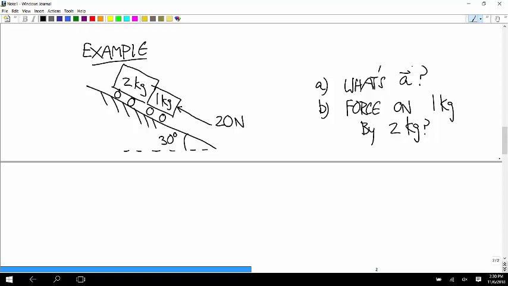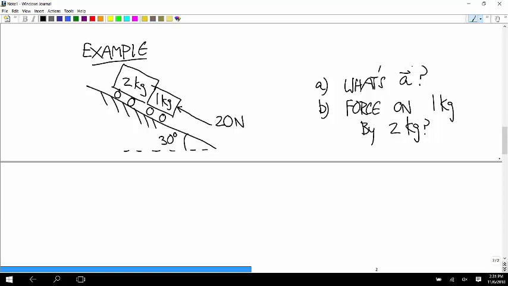So we're going to have a bunch of stuff going on, but the unknowns that we're going to have in the x direction along the surface are going to be an acceleration, a variable a. There's also going to be a pushing contact from the 2 kilogram, and we don't know what the magnitude of that is. Okay. So we're going to have one equation, the x equation from Newton's second law, with two variables in it.